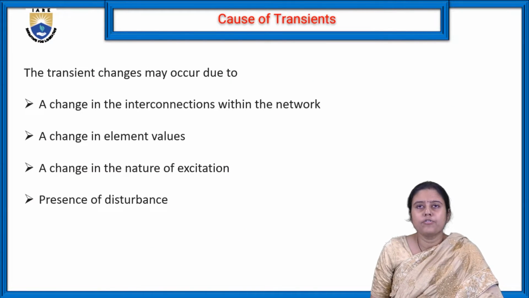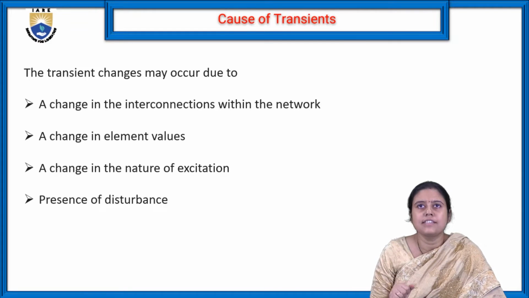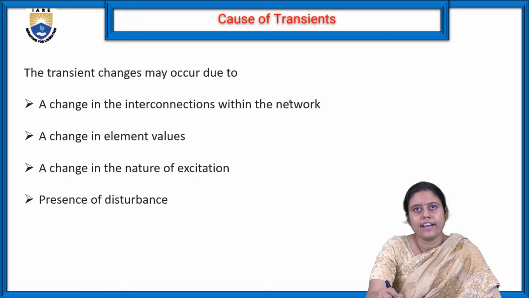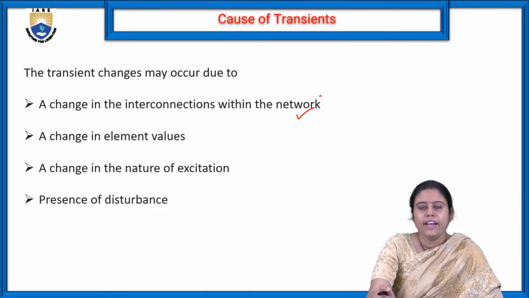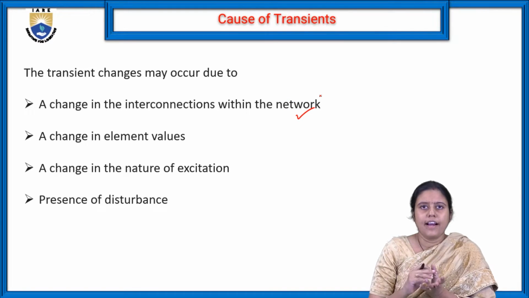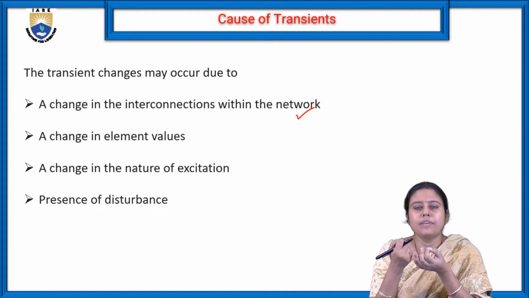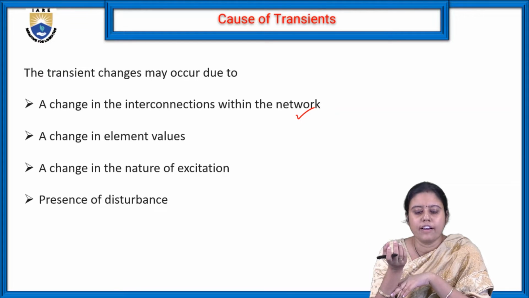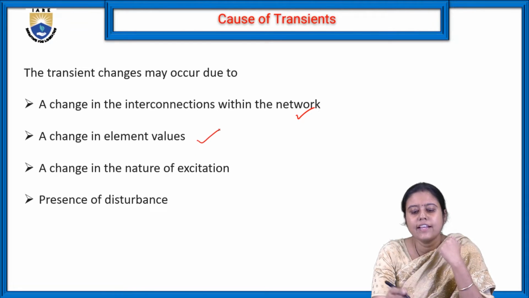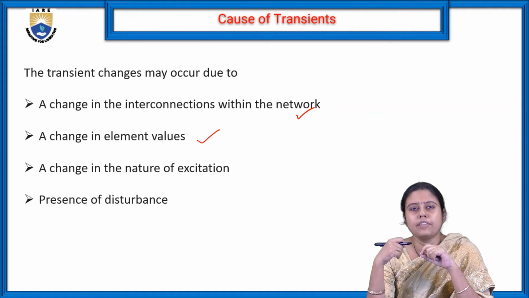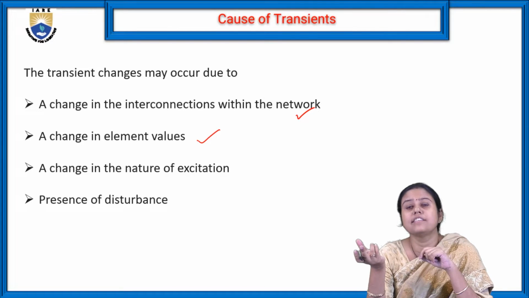Next, if we want to write the gist, what are the causes of transient? A change in interconnections within the network. If we change the RLC connection suddenly, some sudden disturbance is there, sudden short circuit is there, it may cause the transient. A change in the element value: suddenly the capacitor value we increased, or suddenly we decrease the capacitor value, suddenly we increase the resistor value.